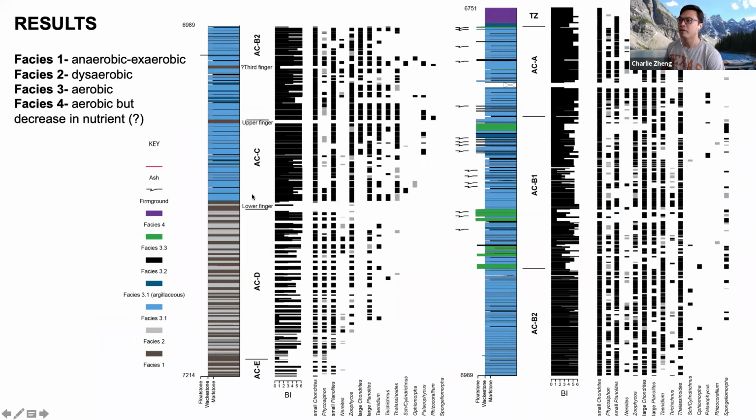Then from the Austin Chalk C unit towards the top, it is composed of mostly aerobic facies. And the transition zone is composed of another distinctive aerobic facies that is similar to an outer shelf to slope environment. These facies are primarily based on the ecology characterization, like I laid out here.